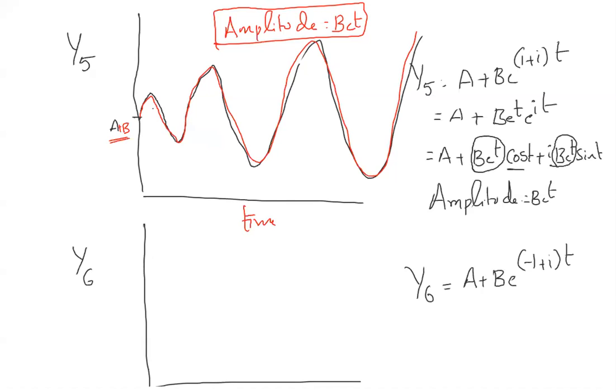Now here, the interesting point is A plus B into e power minus t cos t plus i into B e power minus t sin t.